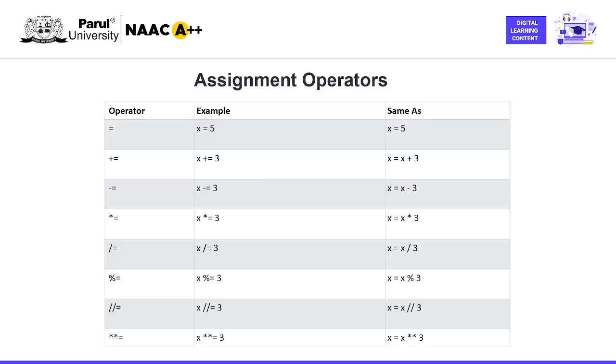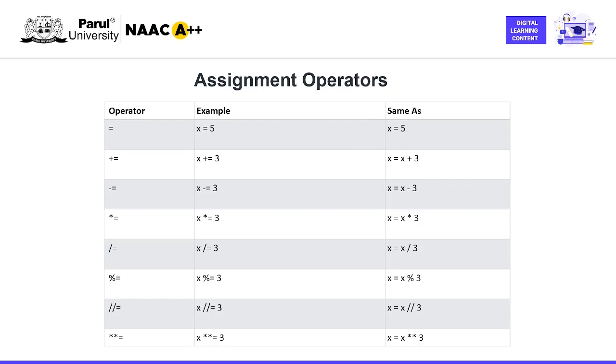The next is the assignment operator, which all of you know very well. When we write a equal to 10, it means we are assigning the value of 10 to a. So here are some assignment operators. Can anyone understand what plus equal to is? Plus equal to is a short form of the addition and equal to operator.